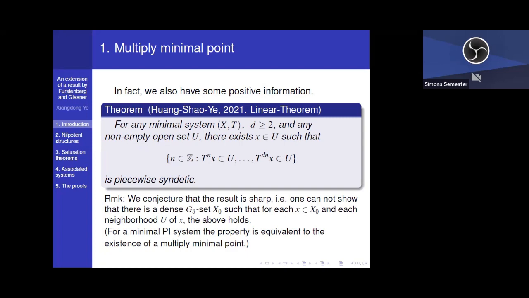But we think there should be a counterexample in PI systems. So what is a PI system? If you take a proximal extension, then this system should be an inverse limit of proximal and equicontinuous extensions. This is an open question: could you find such an example in a PI system?